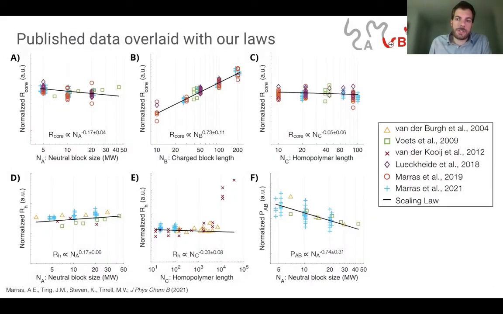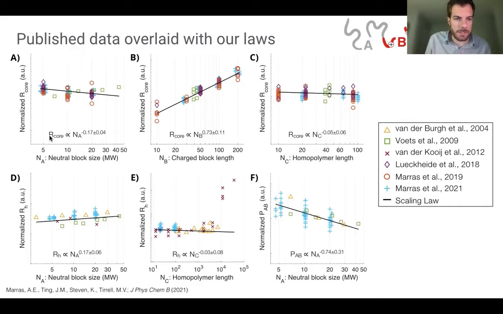And so now going to literature, published work from our group and from other groups, looking at anything I could find where somebody was using this AB plus C polyelectrolyte system and varying the block length. And so I'm plotting all of that here, and I'm normalizing all of this using one of our scaling laws to compare to the other scaling law.